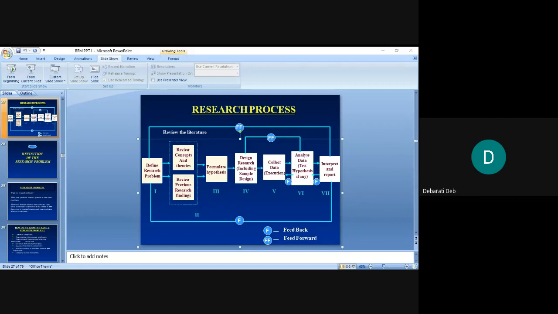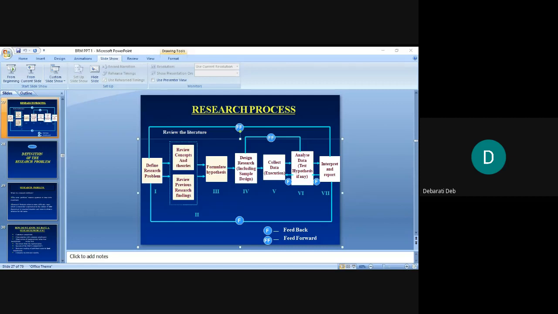Then what is identification and selection of the problem? This step involves identification of a few problems and selection of one out of them. Select only one. That is the best way to do research. Select only one problem, not more than one, strictly not more than one.